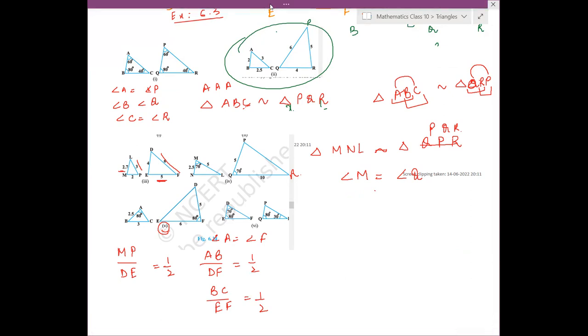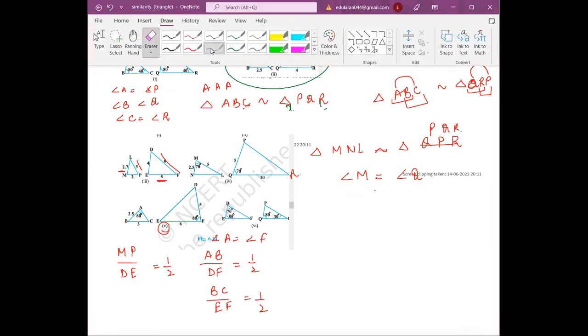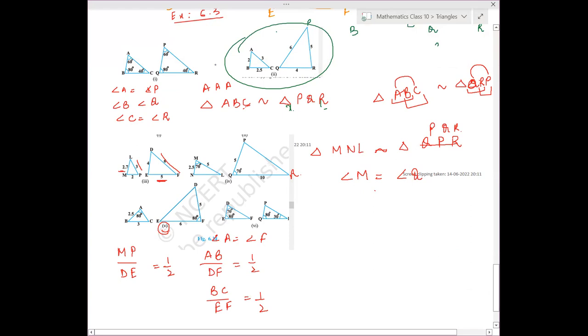Yes, Hamna, are they similar? No, ma'am. Why no? See, this is actually wrong. First of all, in the third theorem, you have seen that these sides should be the ones where the angle is included, right?